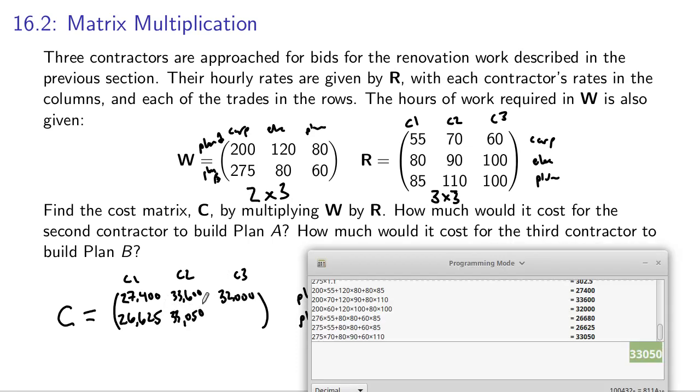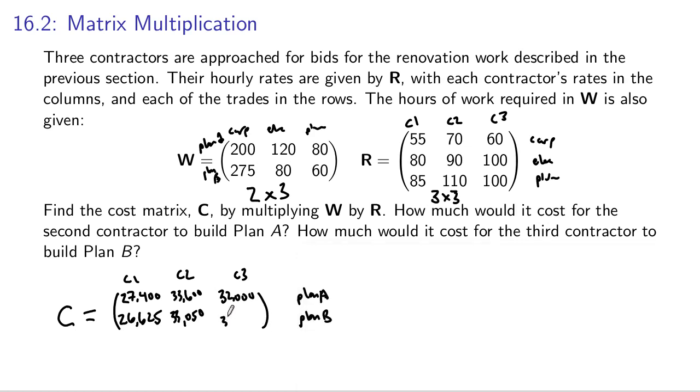And last but not least, the second row of W, third column of R, 275 times 60 plus 80 times 100 plus 60 times 100 gives us 30,500 for the last entry in our cost matrix. So how much would it cost for the second contractor to build plan A?